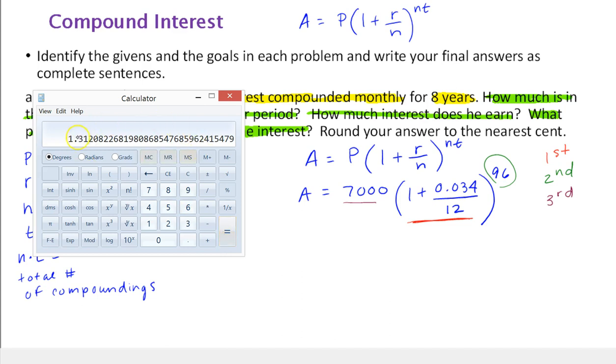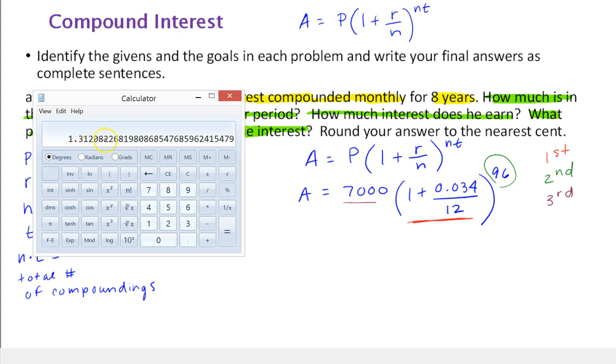So I like this value because notice we're going to multiply this by 7,000. So this actually tells me the future value and how much interest we're adding on as a percent of the principal. So the 1 is representing 100% of the principal, and this long thing is representing how much interest will be added on. So it'll be 31.21%.